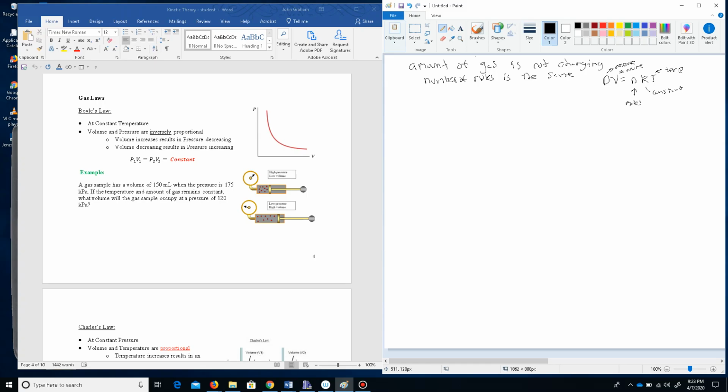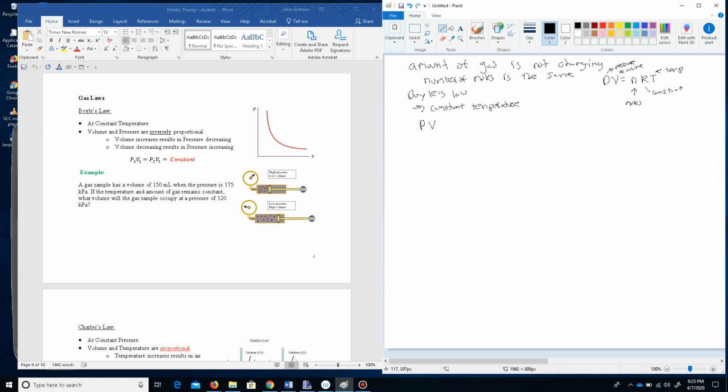In this first one, with Boyle's law, we're at constant temperature. In some way we are holding this temperature constant, and so what we have changing is the pressure and the volume.